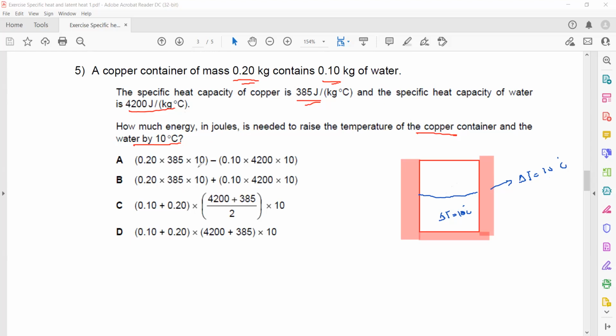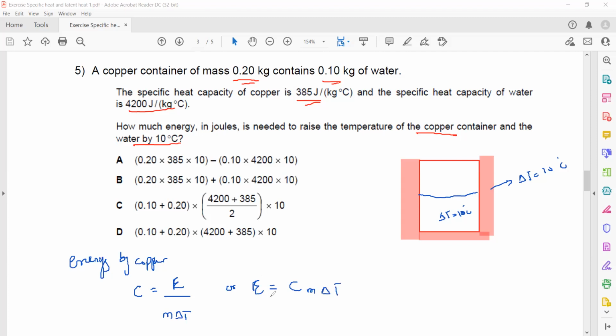So first, for energy absorbed by the copper, because a specific heat capacity is given, the formula which relates specific heat capacity and energy is: specific heat capacity is energy divided by mass into temperature change, or we can say energy is equal to specific heat into mass into temperature change.